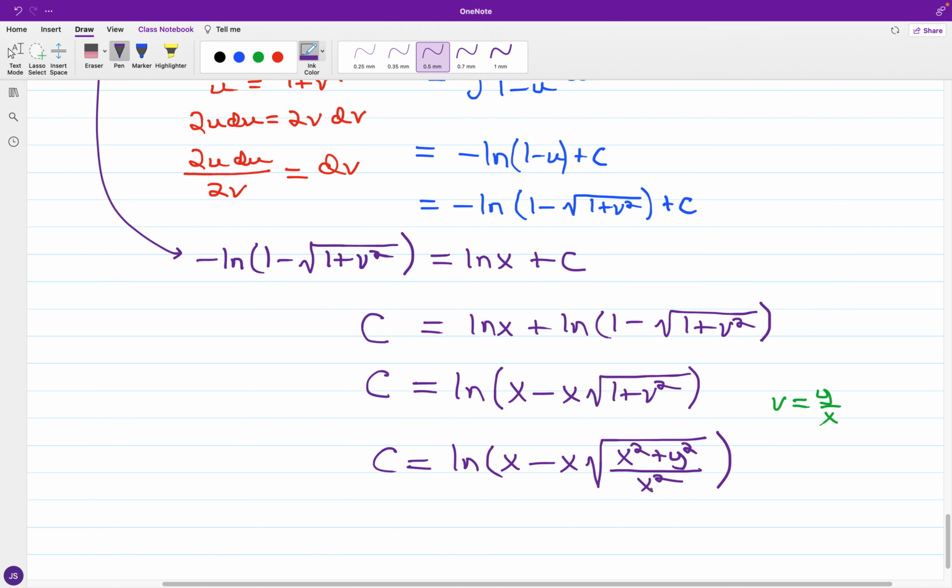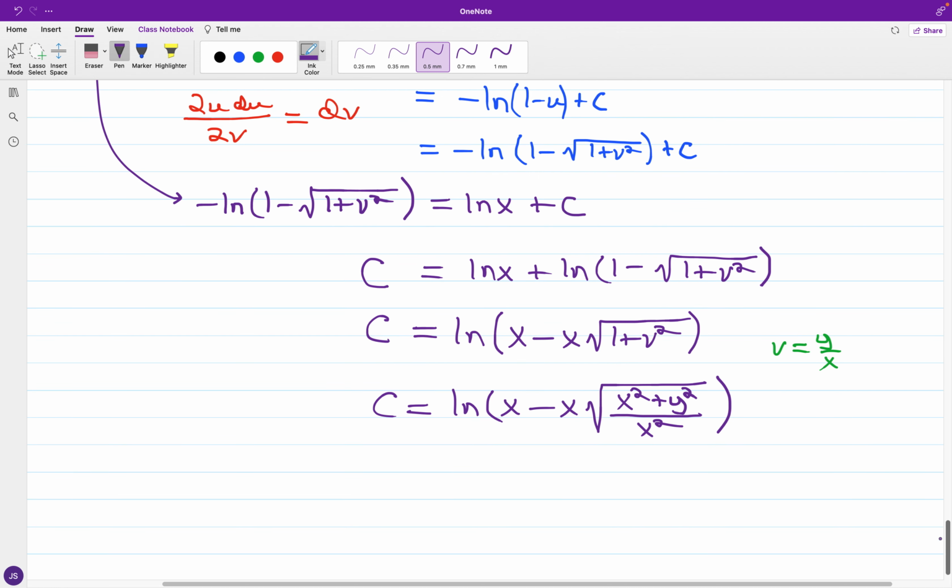And remember, square root of x squared is x, so these x's are going to cancel out.